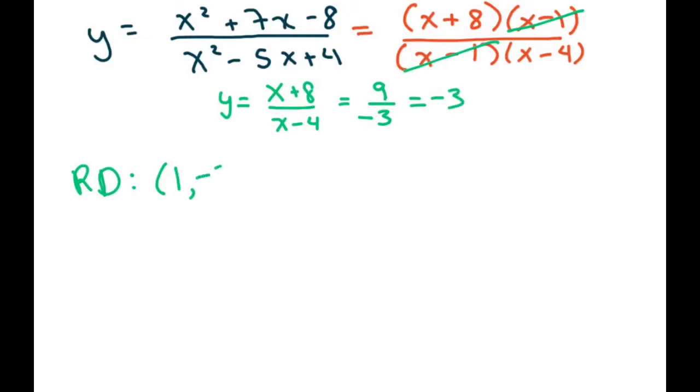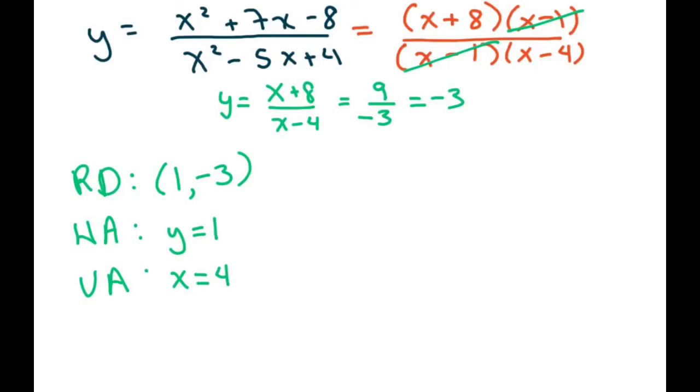So that's your y. Again, our horizontal asymptote is y equals 1. And our vertical asymptote is at x equals 4.